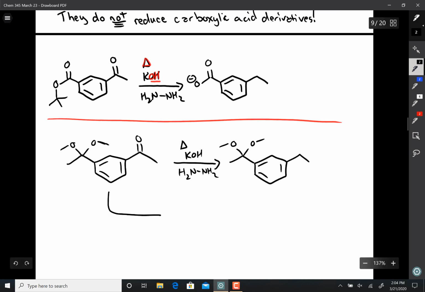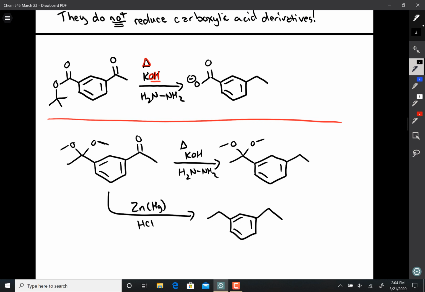But if you use the Clemmensen conditions, acetals under strongly acidic conditions become essentially carbonyls. And these conditions reduce carbonyls. End up with that. So that's the difference between these two systems.